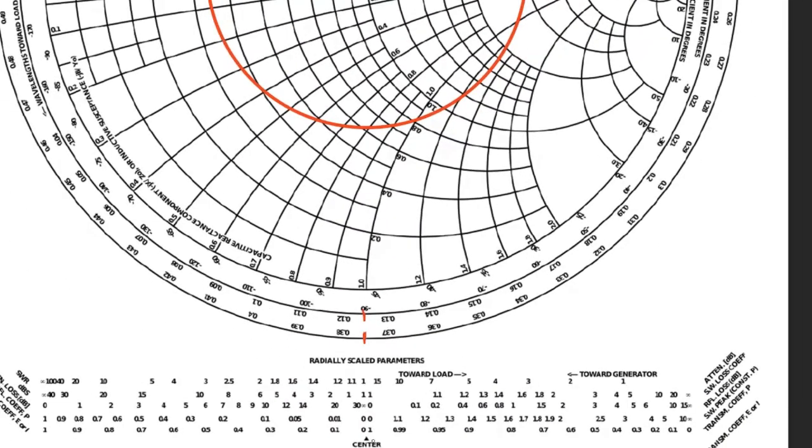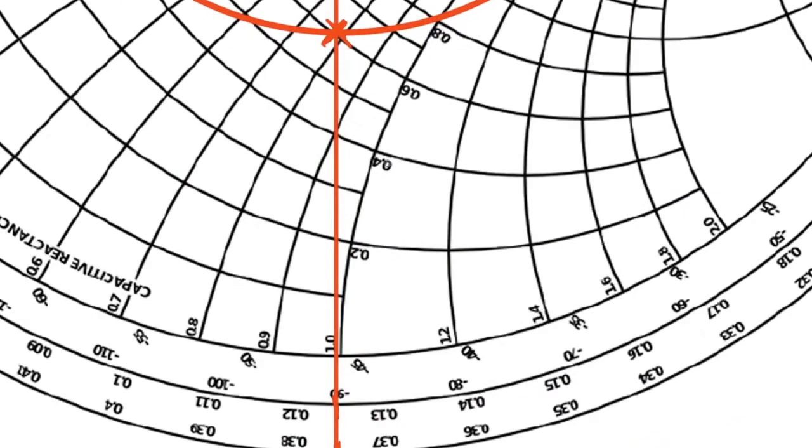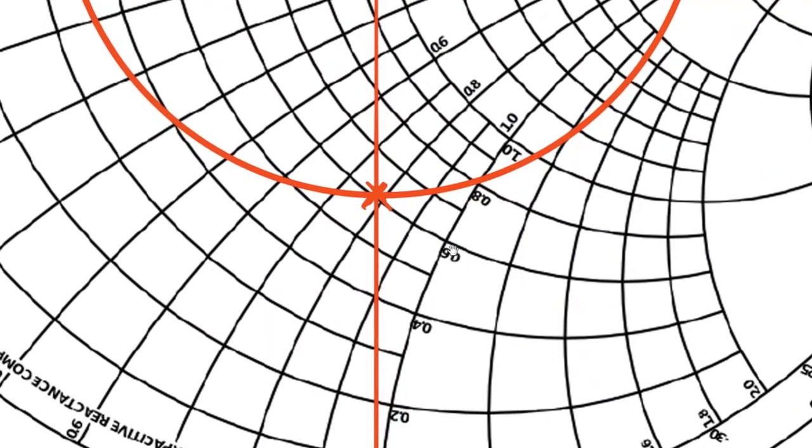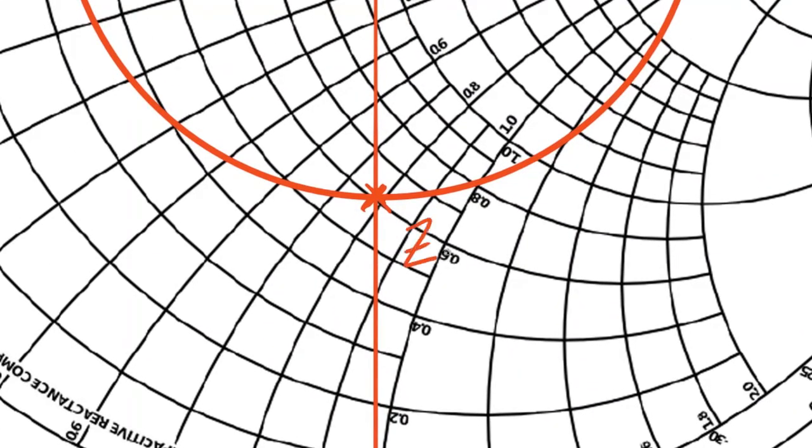I am going to draw a line from the center of our Smith chart to it. Perfect. That line itself is not important; what is important is this point. The intersection between our line and the circle is the normalized Zin.